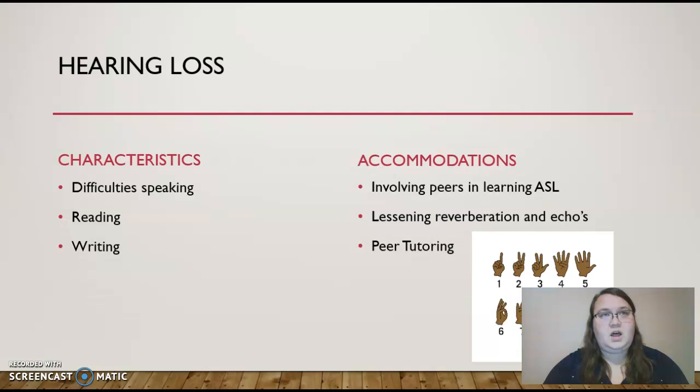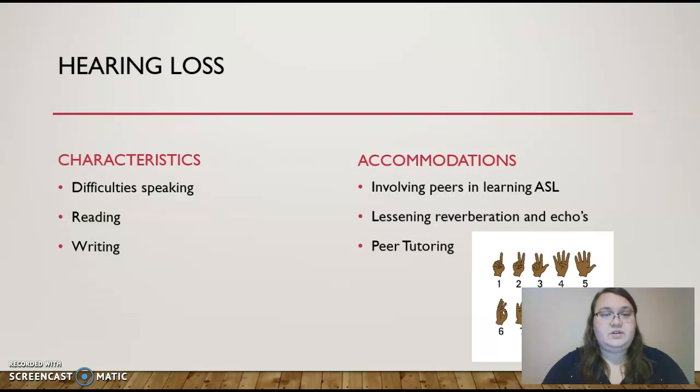Putting up thick drapes or pads on the walls, or sections where you can put carpeted mats, will also help these children by lessening the reverberation in the room and minimizing the echoes. This helps because getting rid of any excess noise will allow them to really focus on you when you're talking in the class.